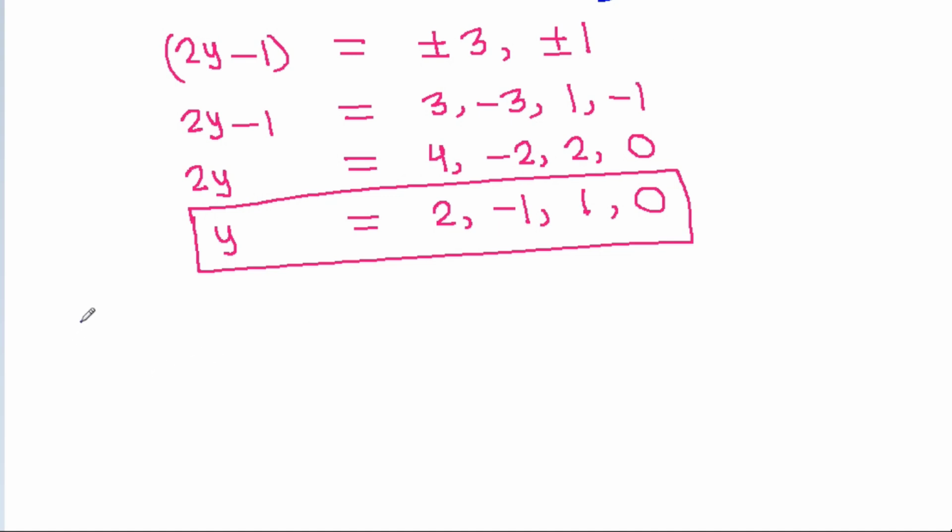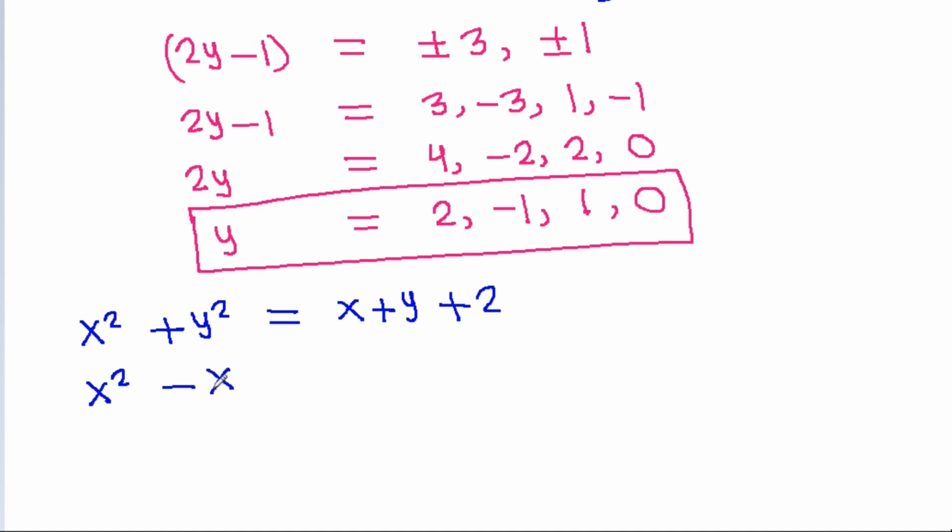And we have x square plus y square is equal to x plus y plus 2. So x square minus x will be equal to 2 plus y minus y square.